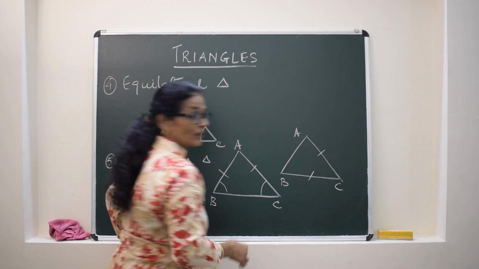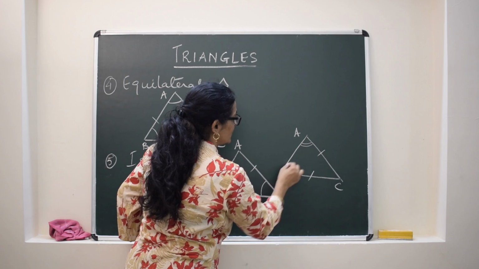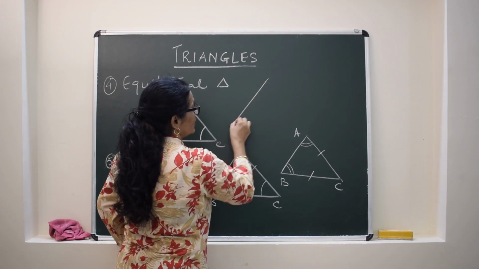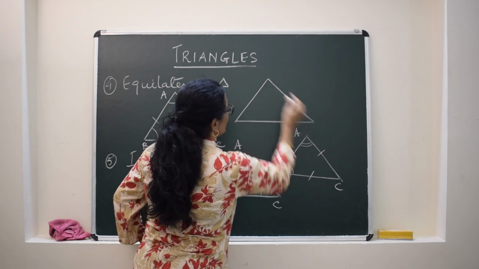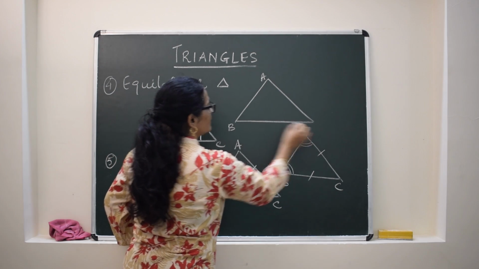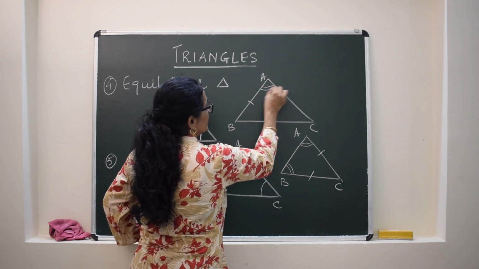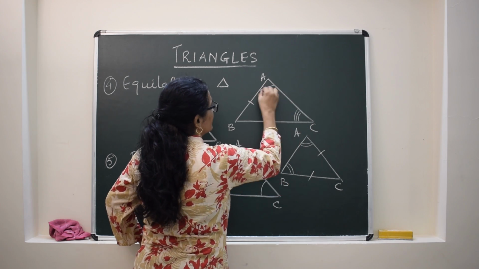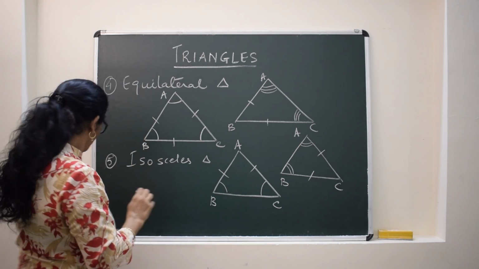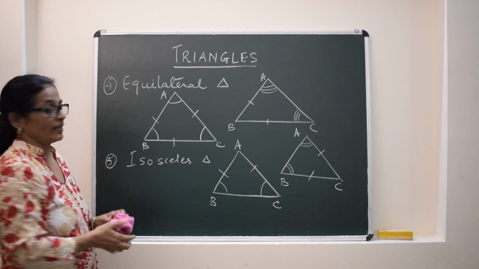These two sides equal, then these two angles will be equal. Or if we are taking these two sides equal, then these two angles will be equal. So these are isosceles triangles.